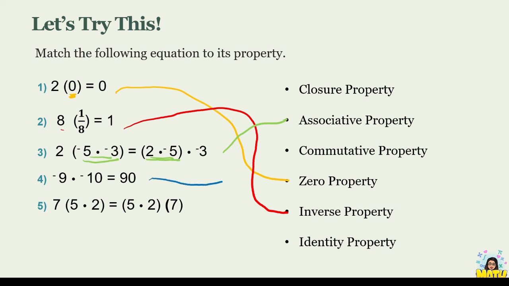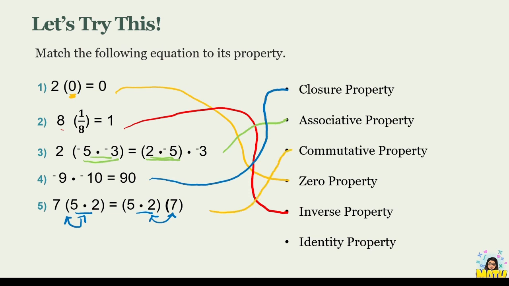Here, we multiplied two negative integers and the answer is still an integer. So that is closure property. And number 5, 7 times the quantity 5 times 2, and then yung 5 times 2 minultiply naman sa 7. So parehas pa rin yung groupings, pero pinagpalit natin yung order nila. Since we changed the order but the answer is still the same, this one is commutative property.